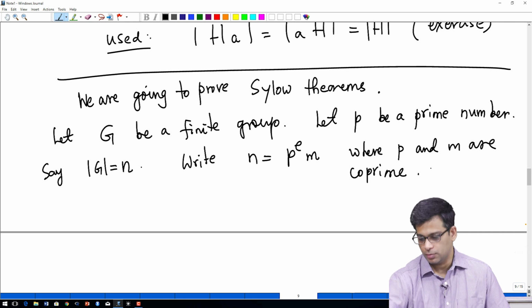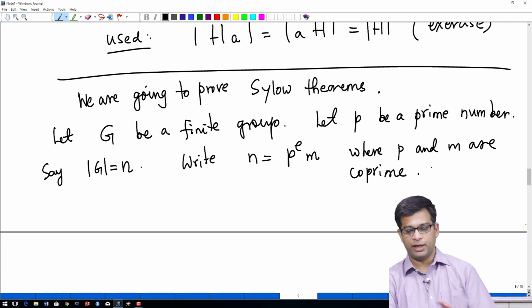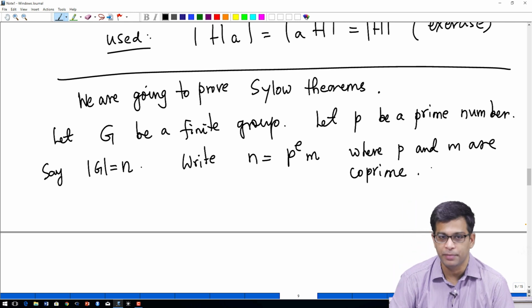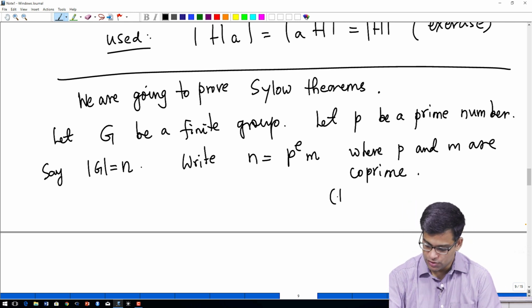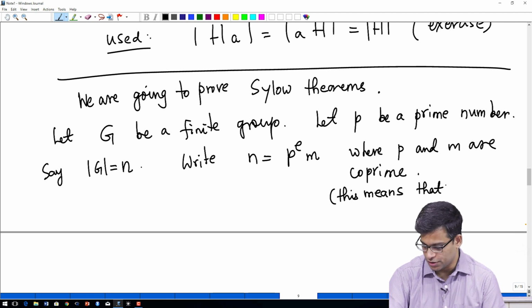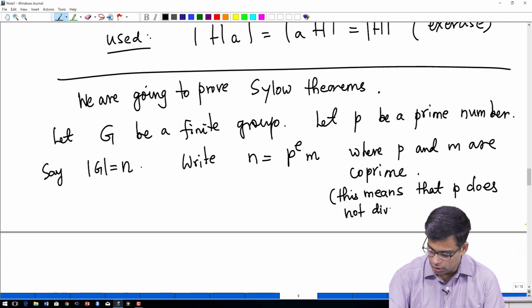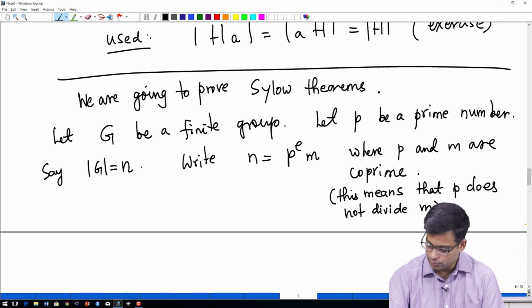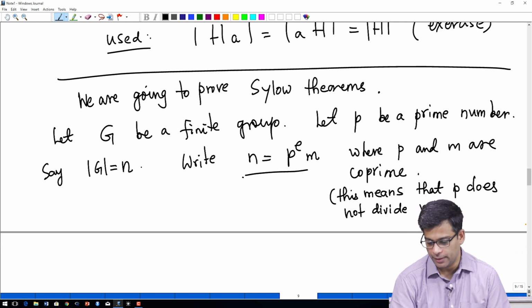Remember that co-prime means p and m have no common factors. Because p is a prime number, it simply means that p does not divide m. Okay, we can always write any number like this.